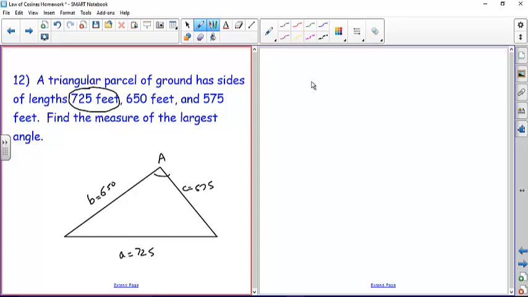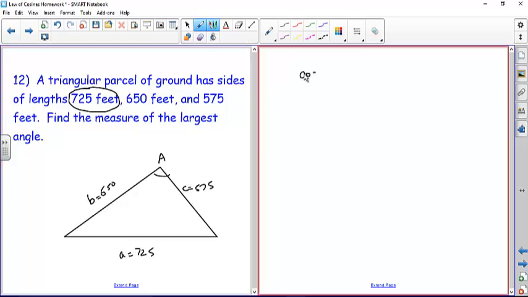So because we're trying to find the angle, we'll use the alternative form. We'll say the cosine of A is, well, this is A, so we use the other two letters, B and C, and subtract A. Of course, they're squared. And then you divide by 2 times these ones, they're positive, 2BC.